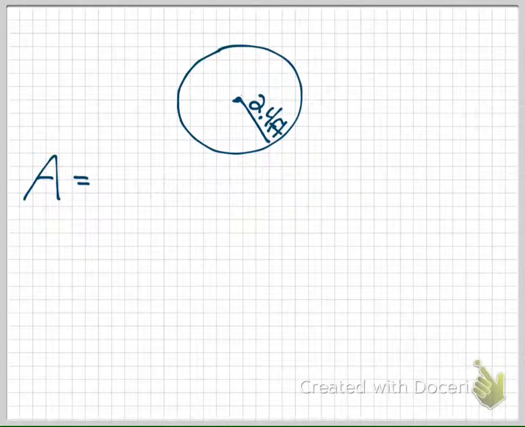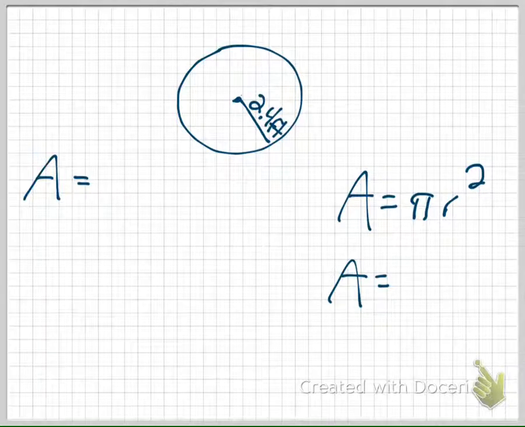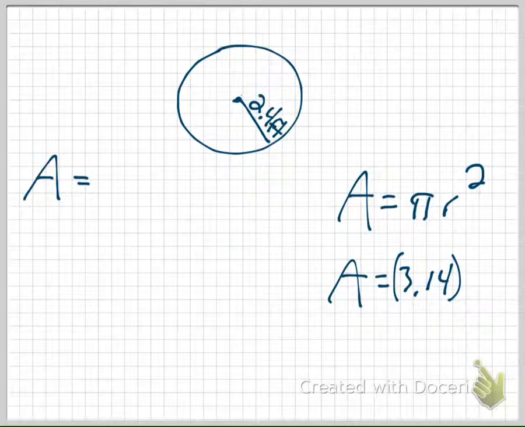Pi r squared. What's pi? Whenever you plug something in, you put it in parentheses. What's the radius? 2.4. What's the first thing that I do?